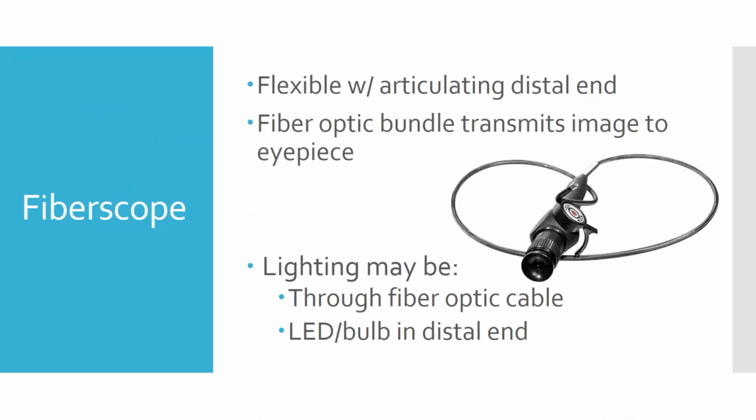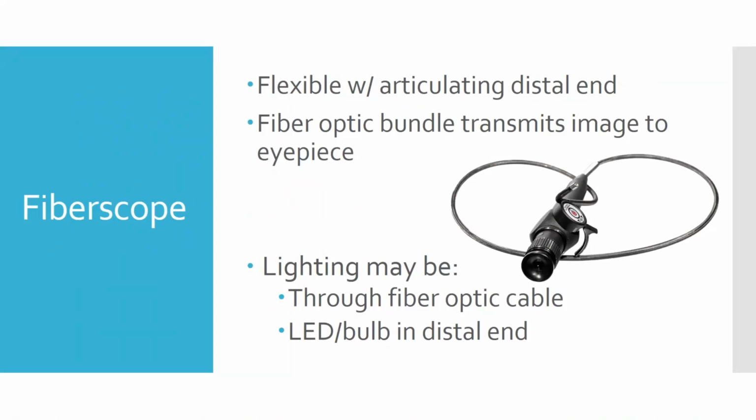To do that we need a flexible way to transmit, so prisms, mirrors, and lenses don't work anymore because light isn't going to bend through the tube. So we run it through fiber optics: a fiber optic bundle running from the tip up to the operator end, where there's an eyepiece.